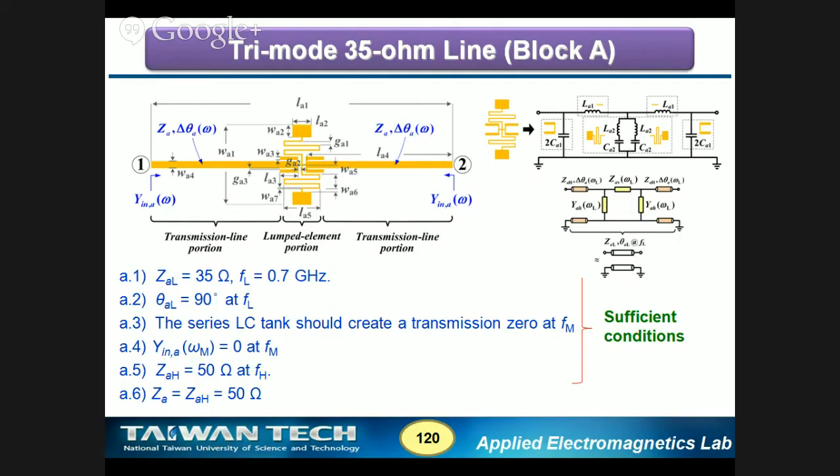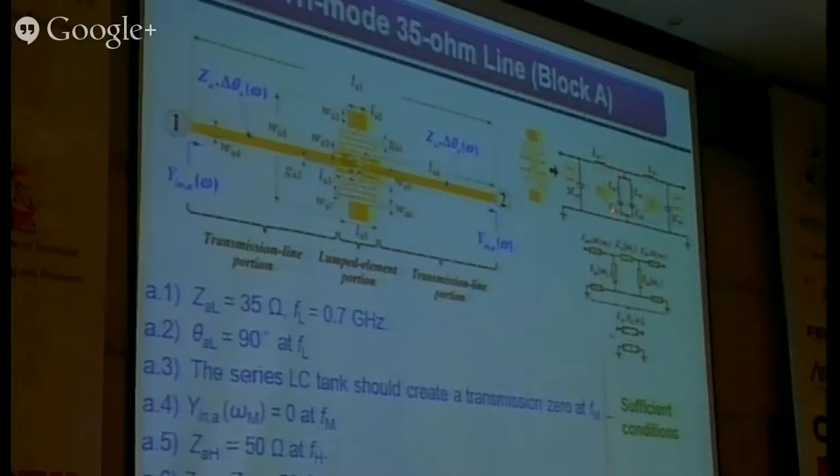Now, think about how many conditions we have. We have 1 unknown, 2 unknown, 3, 4, 5, 6 unknowns. We have 6 unknowns, right? And how many conditions do we have?